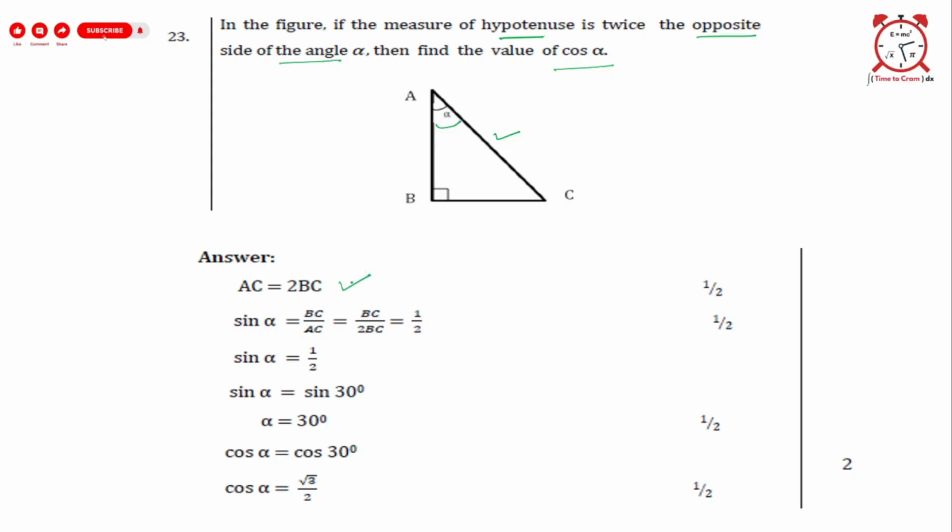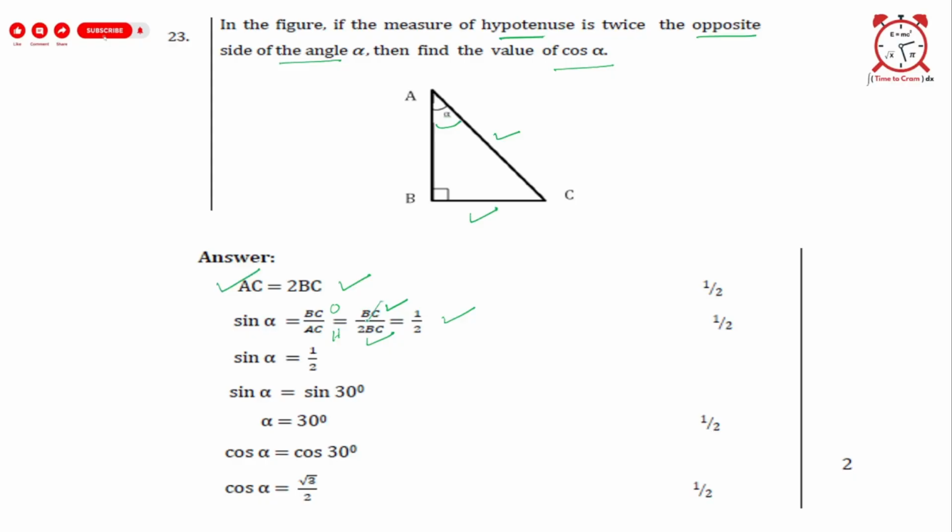So first we have to write what is given. Now we will take the sine ratio, sine alpha. We know that it is opposite upon hypotenuse. As per alpha, the opposite is BC and the hypotenuse is AC. Now BC we keep as it is, and in place of AC we put 2BC, because we derived AC equal to 2BC.